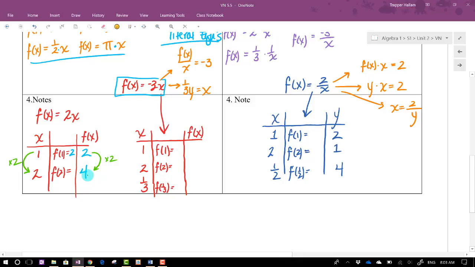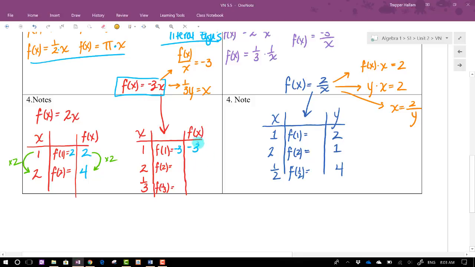Let's try another one to see if we can highlight this a little bit better. So now we're going to take the function f of x equals negative 3x. Let me switch my color here real quick. So if I input 1 here, f of 1, negative 3 times 1 is negative 3, so our output is negative 3. Let's go ahead and plug in 2 and see what happens. What we should see, because this is a doubling of our input from 1 to 2, is a doubling here, right?